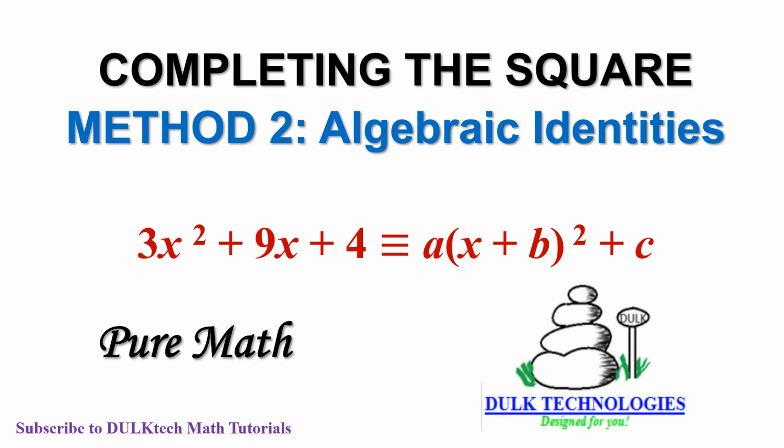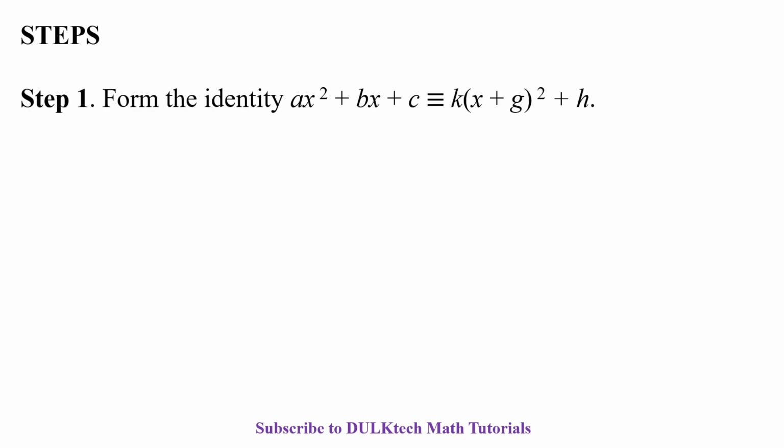So let's go through a few steps that we have to follow. In this method we'll be making use of the algebraic identities concepts. The first step is to form an identity of this form. You'll be given a quadratic expression in this form: ax squared plus bx plus c, only this expression.